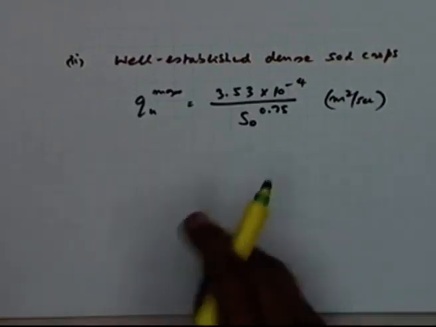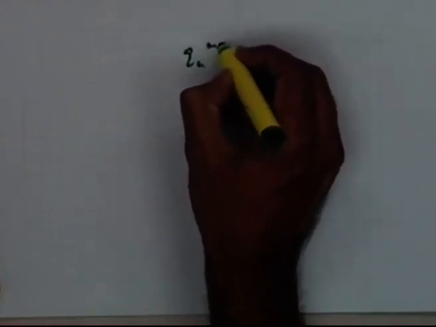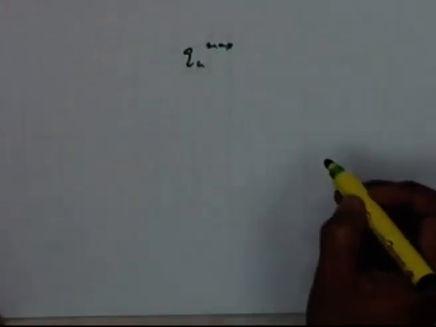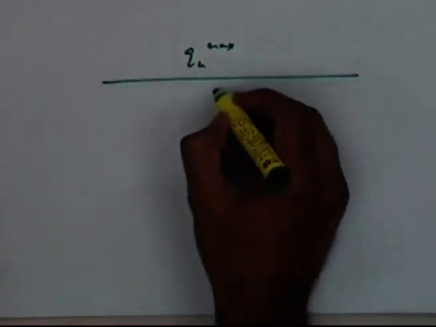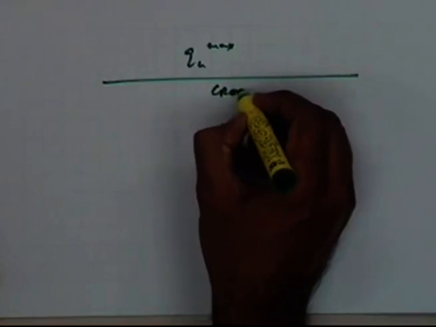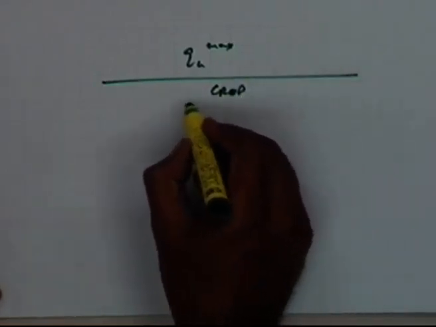The order of magnitudes, the maximum flow rate, which we have just written the two equations for two different cases with respect to the crop type.